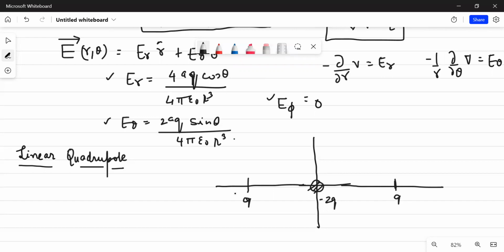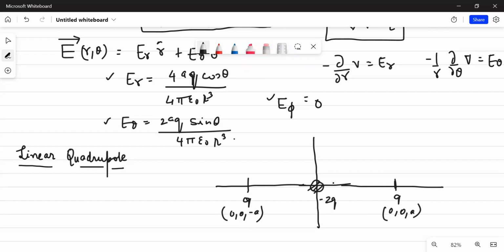This is what teachers teach you at standard 12, or whichever level you might have studied it. So this is at 0, 0, minus a, and this is at 0, 0, a. One needs to find what is the potential at a far away distance r.